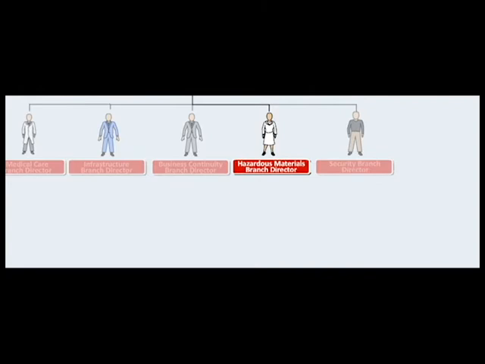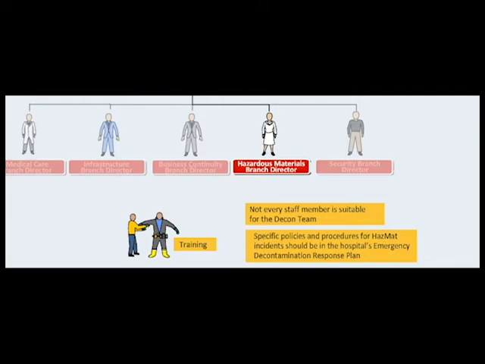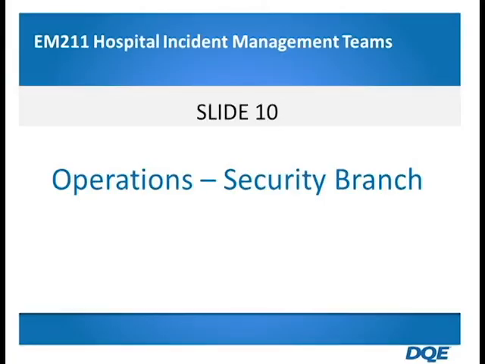Unlike other areas of the ICS, decontamination demands a level of required pre-incident training. Not every staff member can serve as a member of the decontamination team simply by following a job action sheet. The hospital emergency decontamination response plan should have specific policies and procedures in place for responding to a hazardous materials incident.